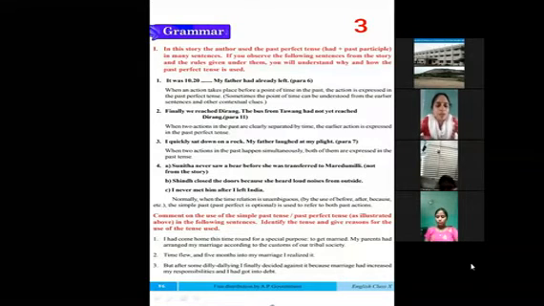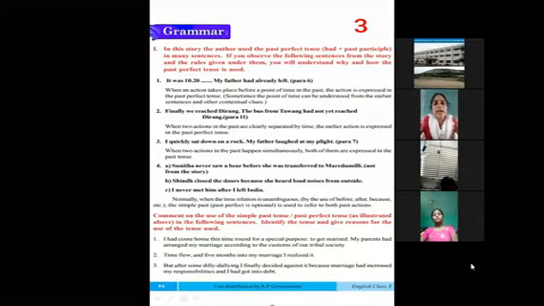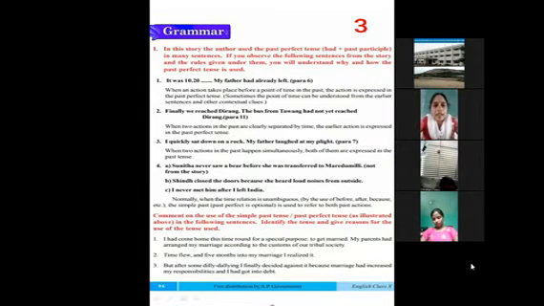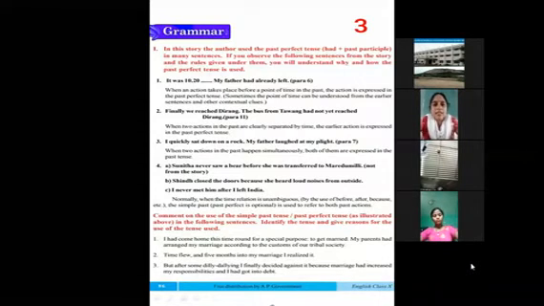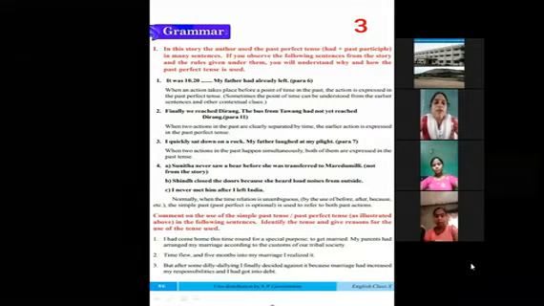So in the first point we discussed that if a certain time is mentioned, a particular time is given and an action is completed within it, then we use past perfect tense. Second point: if two actions are completed in the past, for the first completed action we use past perfect, and for the second completed action we use simple past tense.